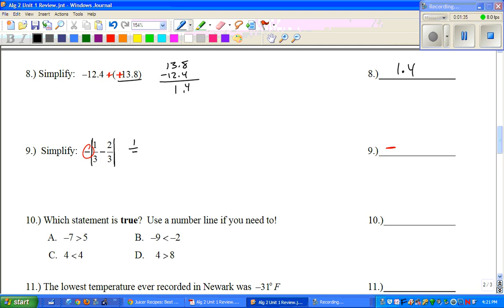So now all you're really doing is subtracting 1/3 minus 2/3. If you want to do your clicks, you can. You realize that it's a negative 1/3. The absolute value of negative 1/3 is 1/3, but it's still negative. So our answer is negative 1/3.